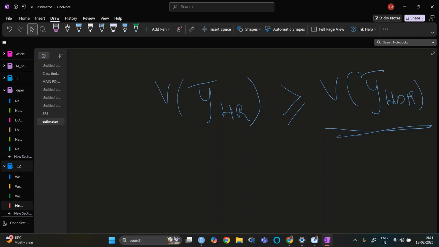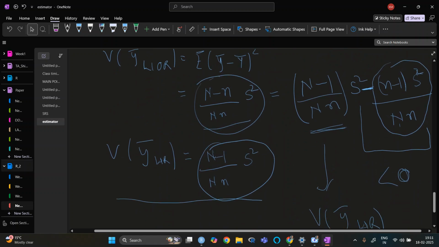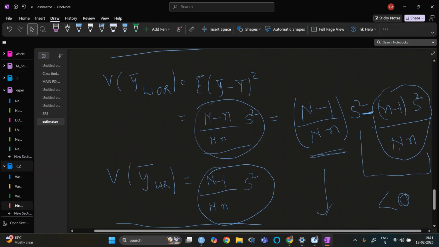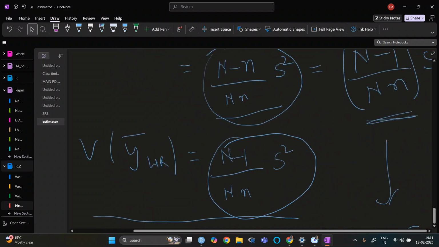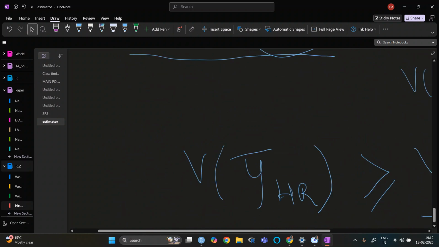The next thing we will see is that now, the population size. Here N minus n, so let me write it again.